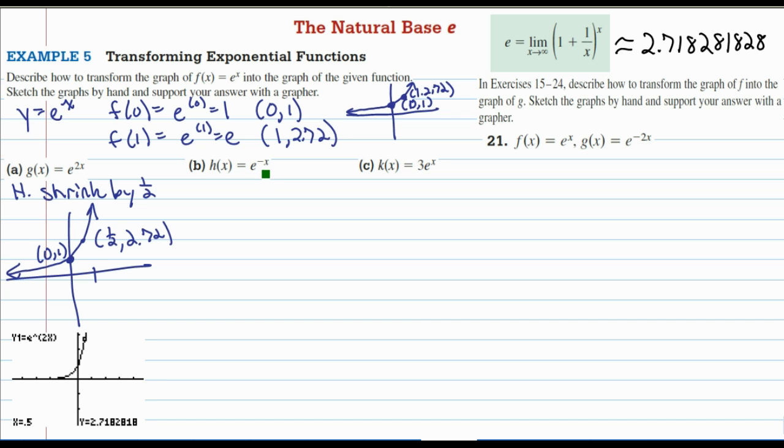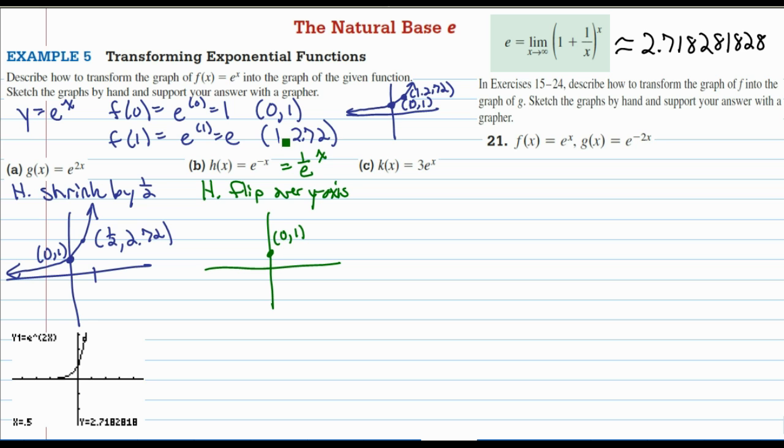h(x) in part B has a negative in front of the input. So that's going to be a horizontal flip over the y-axis, which, if you remember right, that negative actually makes the reciprocal of the base. So that's like 1 over e^x. So all those x-coordinates are now going to be the opposite. (0, 1) is going to stay the same because the opposite of 0 is 0.